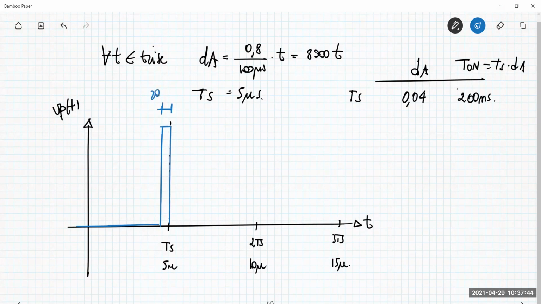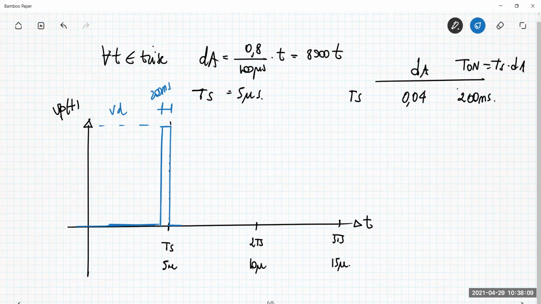So in this first interval here, I have a very thin pulse, which is 200 nanoseconds, and this is Vd, and the rest is null. Okay, the duty cycle is exactly 0.04, because we have to divide the T rise interval into 20 sections, and the duty cycle has to range from 0 to 0.8.